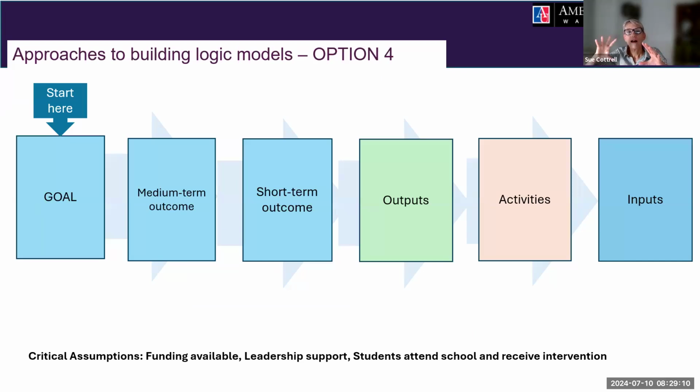I think the key here is that you have these basic components. In all of the examples I showed you, these key components were there. How you put them together doesn't matter. It's what works for you and your team, or the team that is building this logic model.